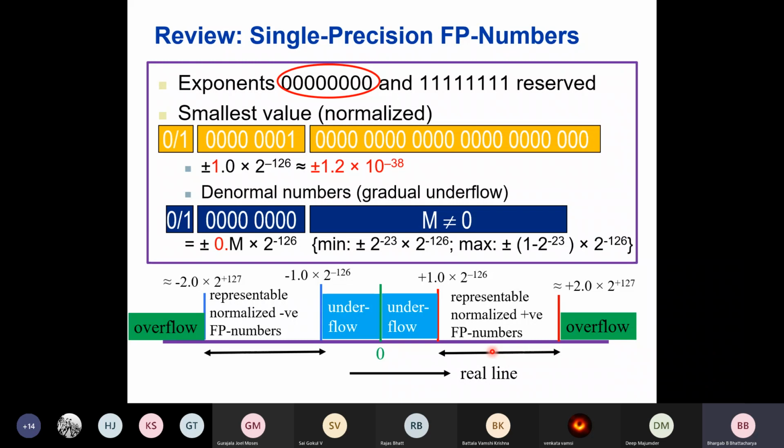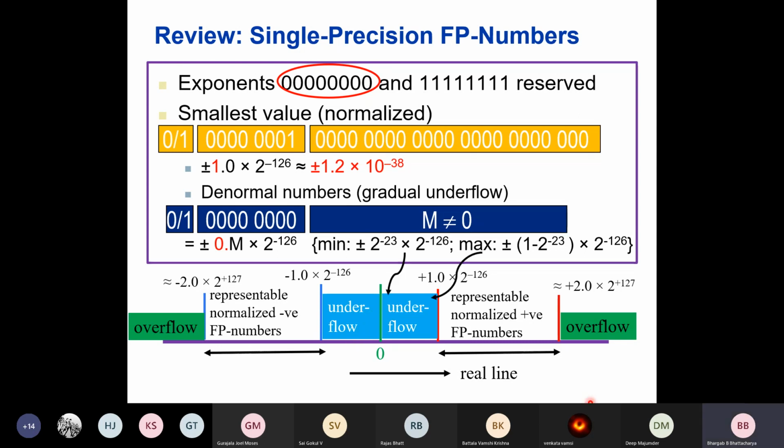Therefore, this underflow limit becomes closer to 0. This boundary would approach here, and because the minimum is still less, the zone of underflow would be smaller than if you consider only the normal numbers. These two boundaries become close to each other. You understand that?